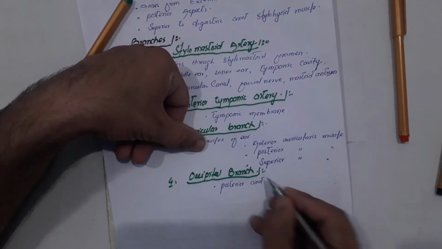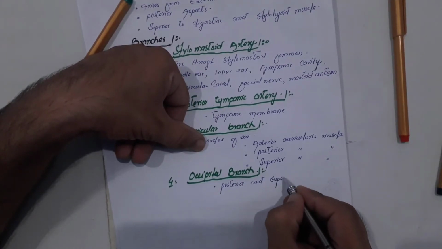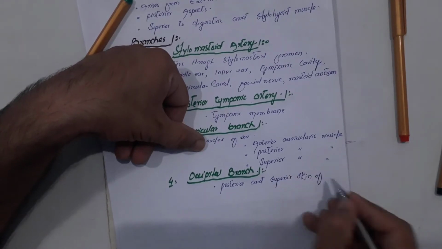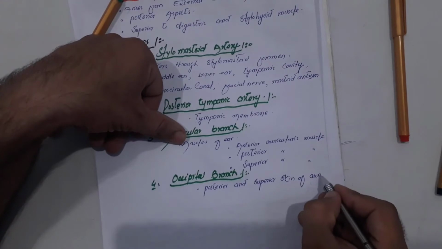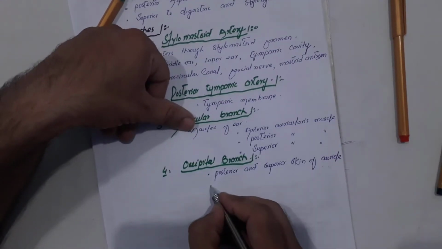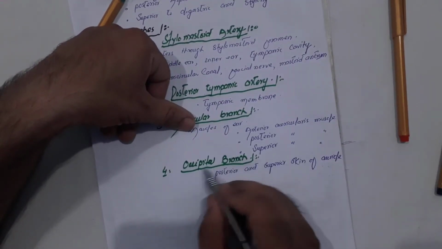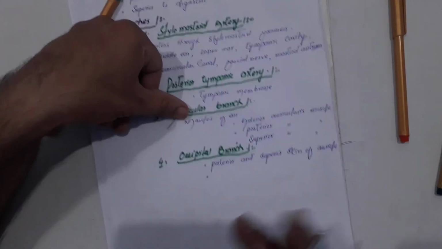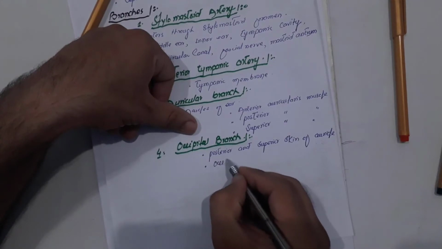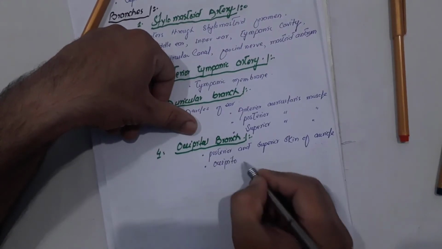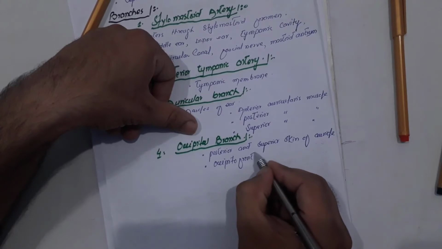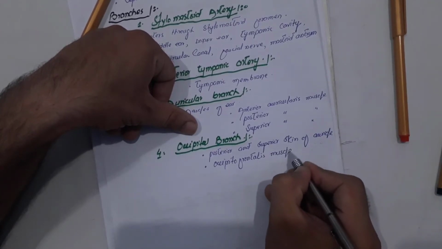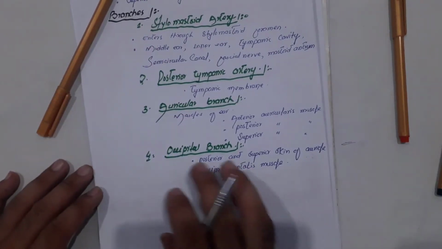And one thing more, this occipital branch is also responsible for supplying a muscle called the occipitofrontalis muscle. Clear, friends? This was the fourth branch.